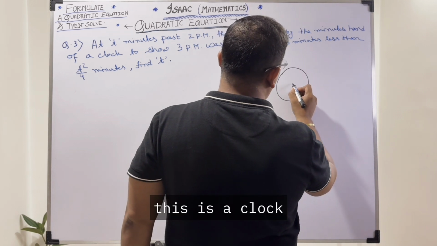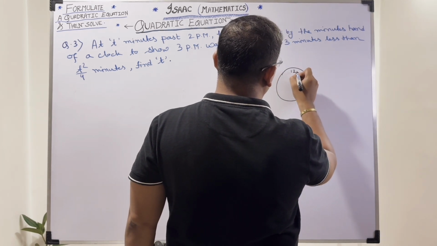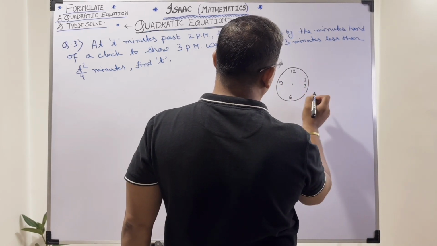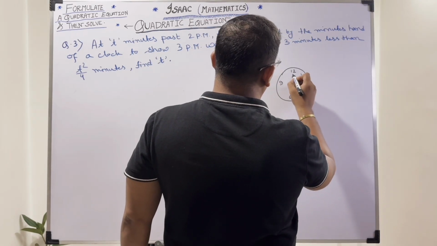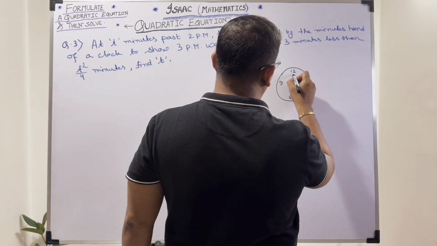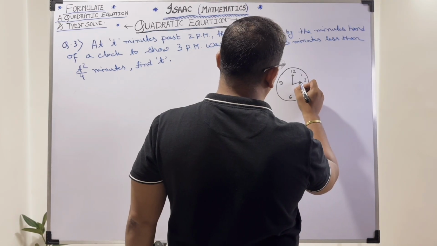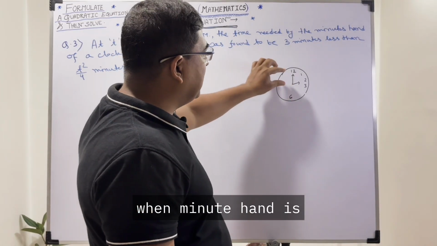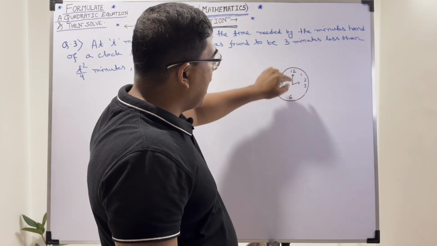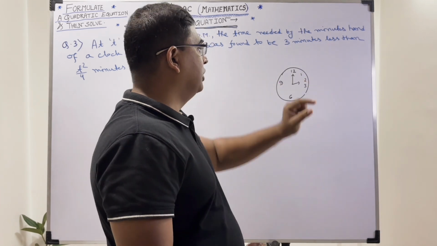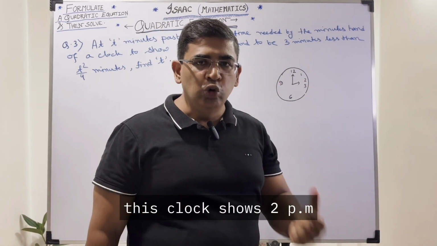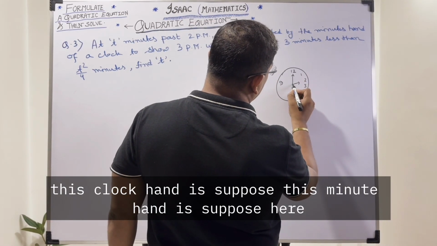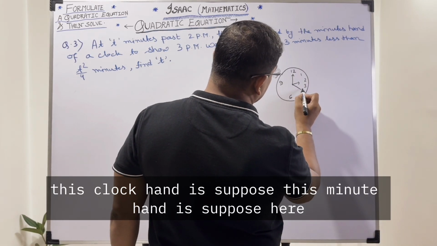Suppose this is a clock. When minute hand is at the 12 and this hour hand is at 2, then this clock shows 2 p.m. Okay, now suppose this minute hand is here.